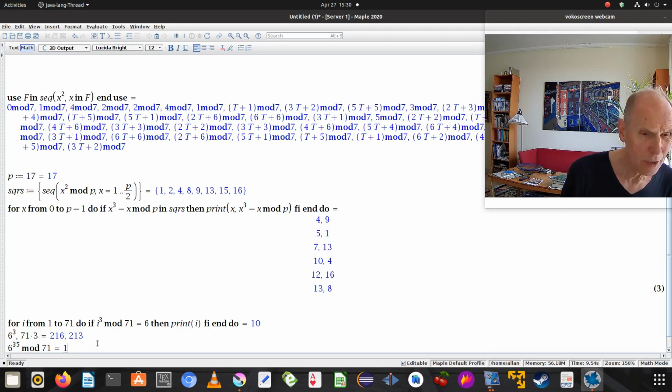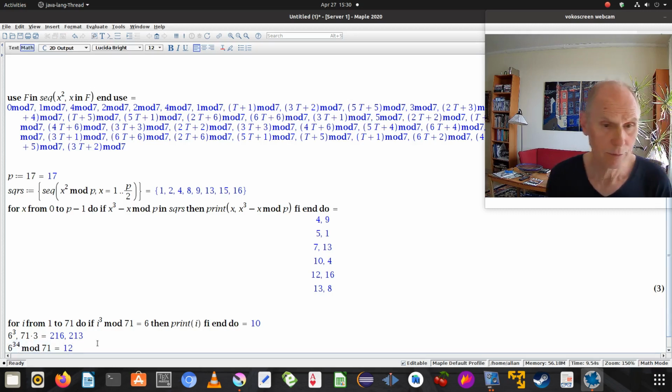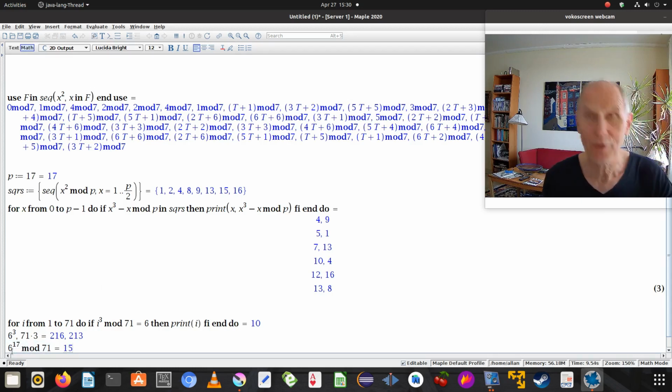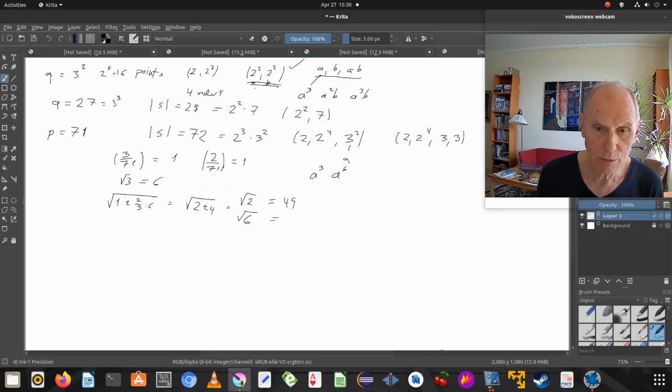What? It's just the inverse. So let's try 17 instead. I'm just trying here. Yeah, I don't know what to do there. It would take a little while to find out, but never mind. Square root 6 was 10.